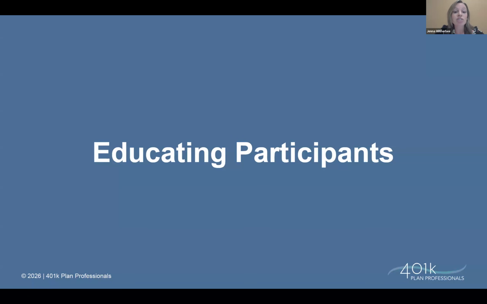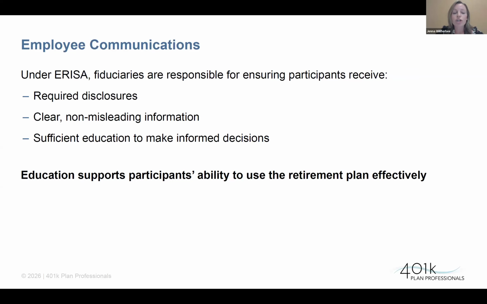And then lastly, educating participants. Under ERISA law, fiduciaries are responsible for ensuring participants receive any required annual disclosures, clear information, and sufficient education to make informed decisions. There is a wide range, I would say, as far as the education, whether it's more simple and bare bones or if it's more robust.